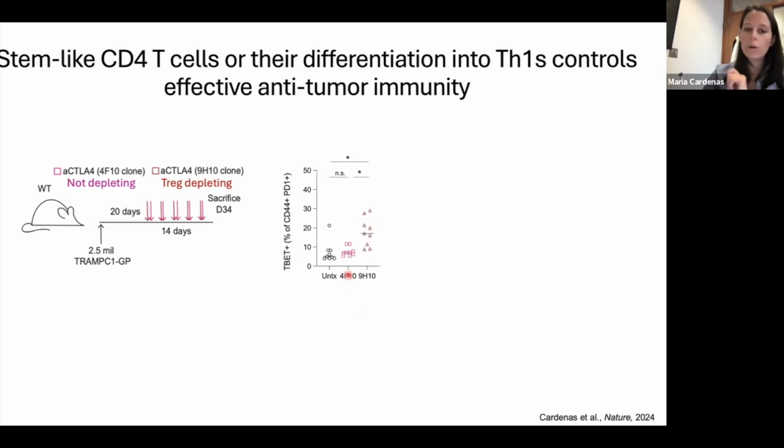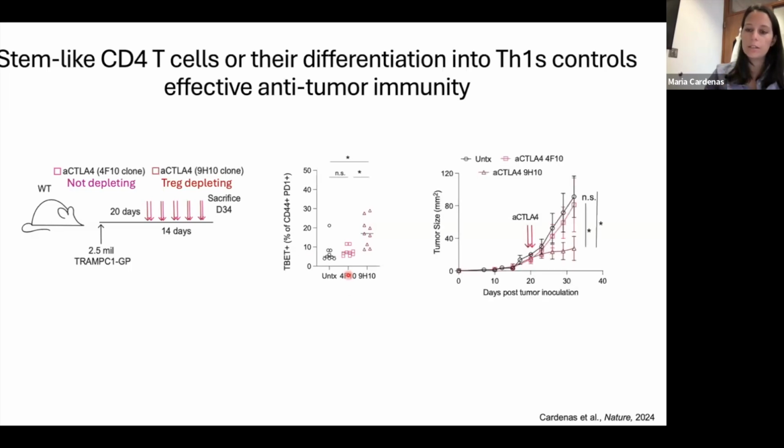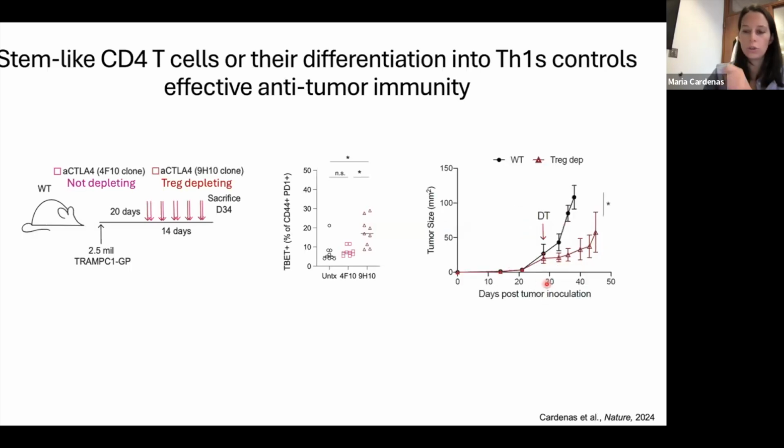And so CTLA-4 blockade alone is not the only thing that is suppressing the stem-like population from undergoing this Th1 differentiation. And what's important from this is that it's only when the stem-like population changes to a Th1 response that we get anti-tumor immunity. This is also true with Treg depletion, as it would be no surprise to everyone.